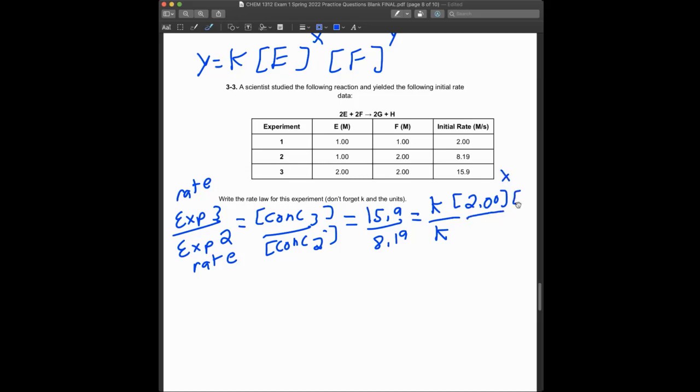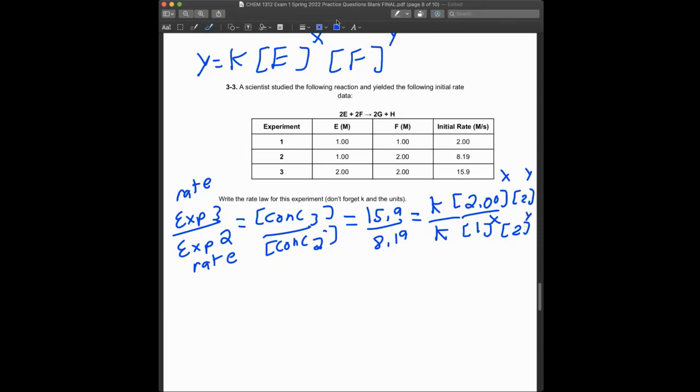And then for the Y we have 2 to the power of Y as well. And at the bottom for experiment 2, it says we have 1.